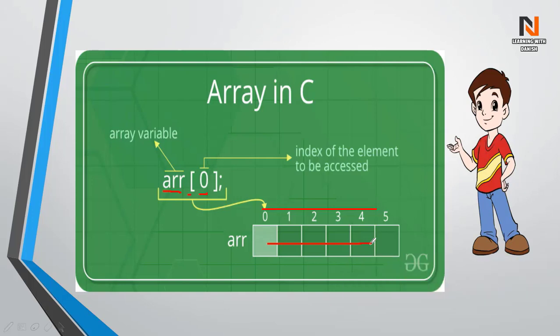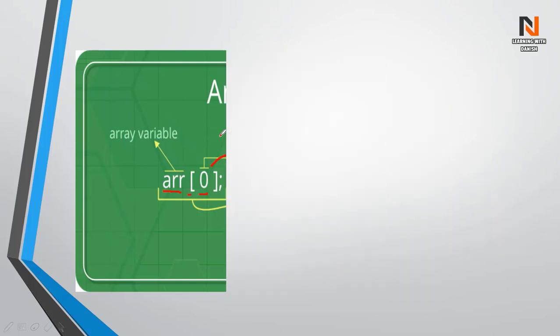For example, if I want to access the value at index 0, then I will write 0 here, and if I want to access the value at index 5, then I will write 5 here. So now we will see its syntax.